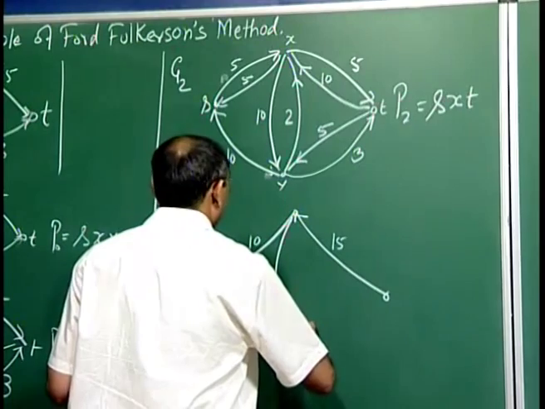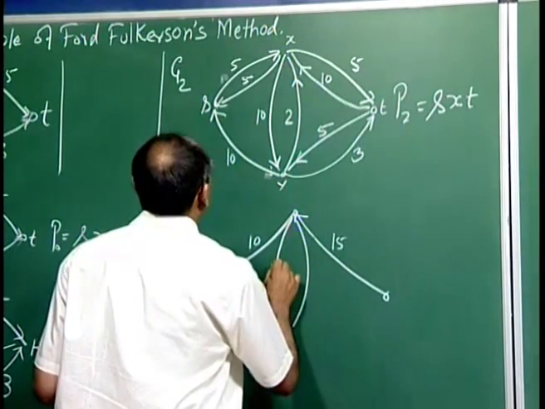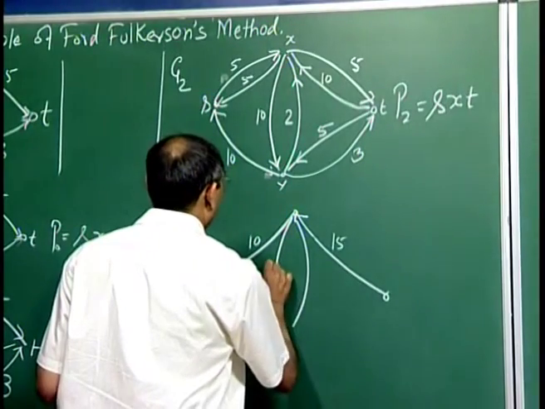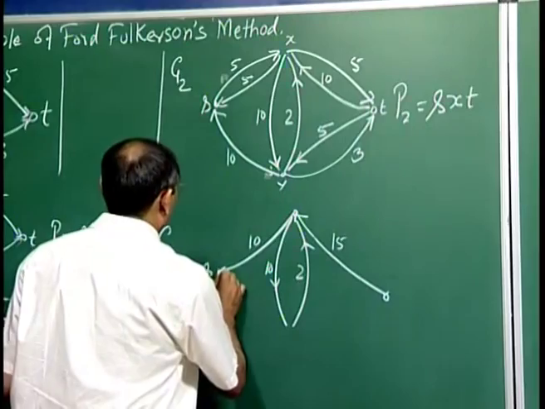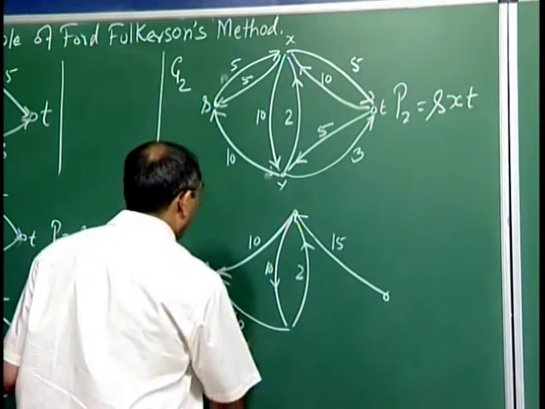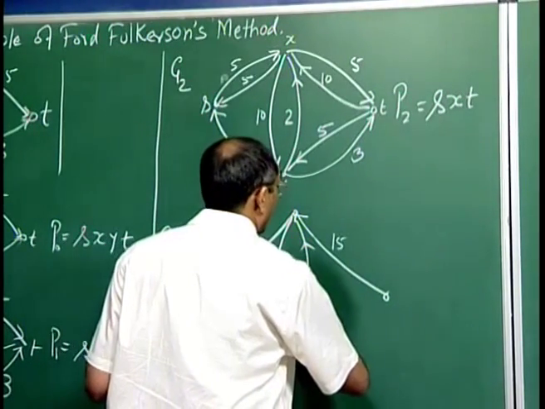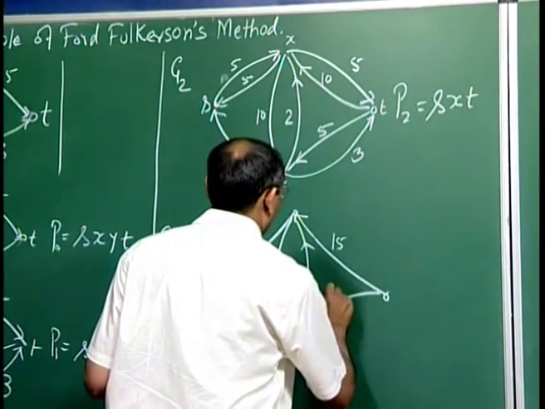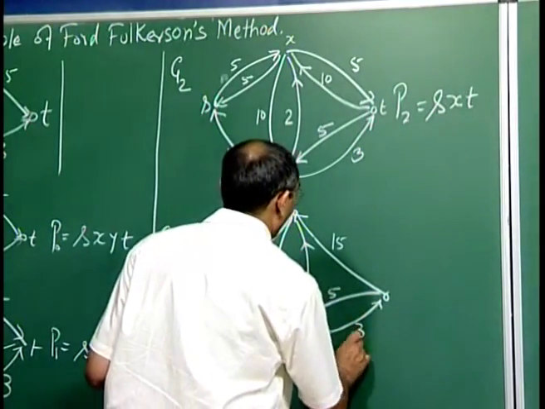The other edges are untouched. We will have a 10 this way and 2 this way. I will have a 10 capacity edge this way, a 5 this way and a 3 this way.